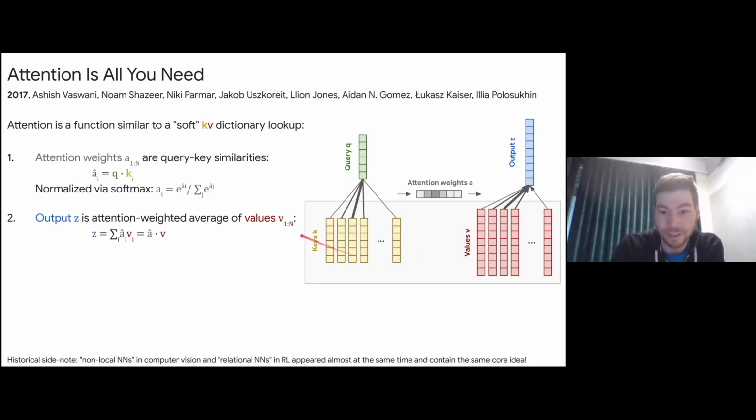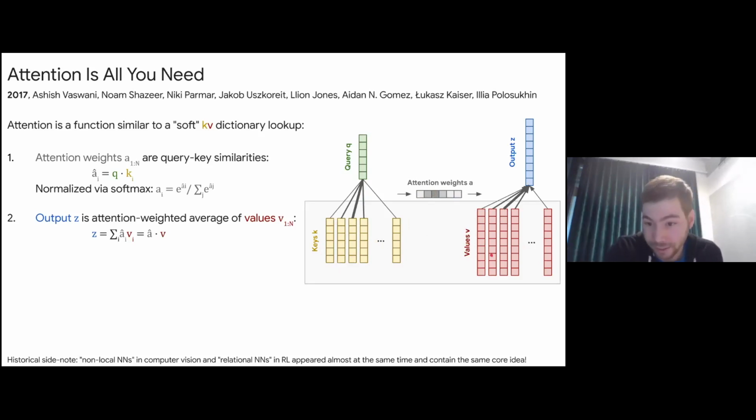So let's take another example. What if in the keys there are now 3 of them that are really similar to the query and all others not? Then at first, we have 3 numbers that are highly positive and all others are highly negative. Then taking the softmax, we actually have all zeros except for 3 locations. Each of them is a third, right? 0.333, 0.333, 0.333.